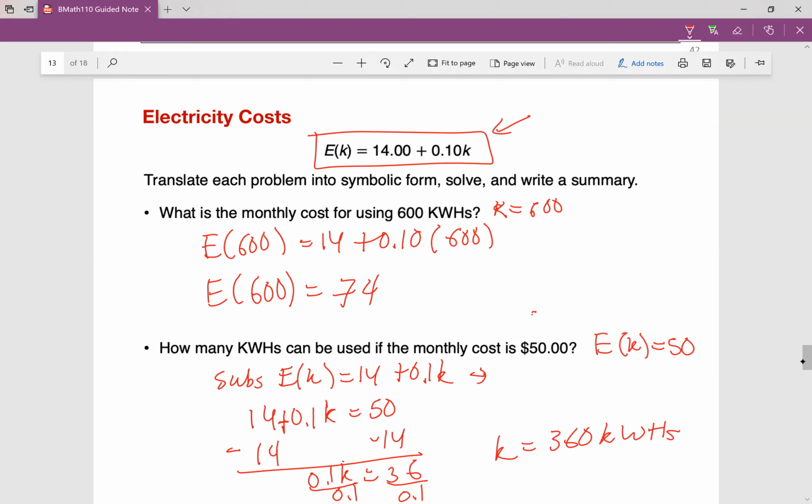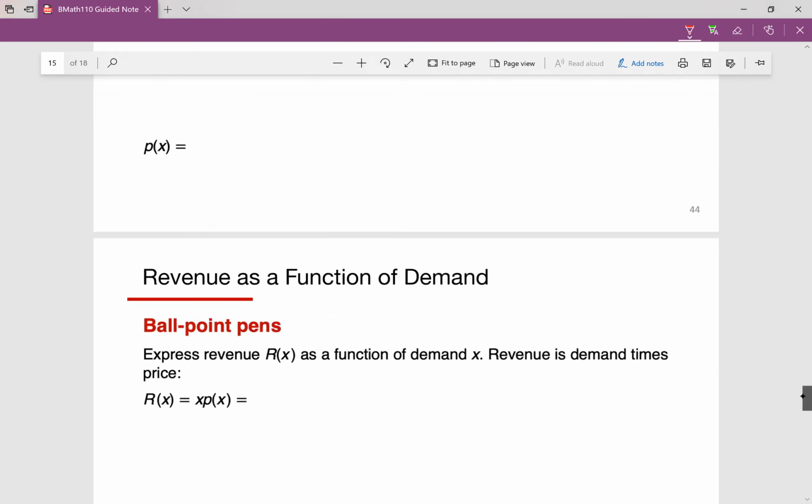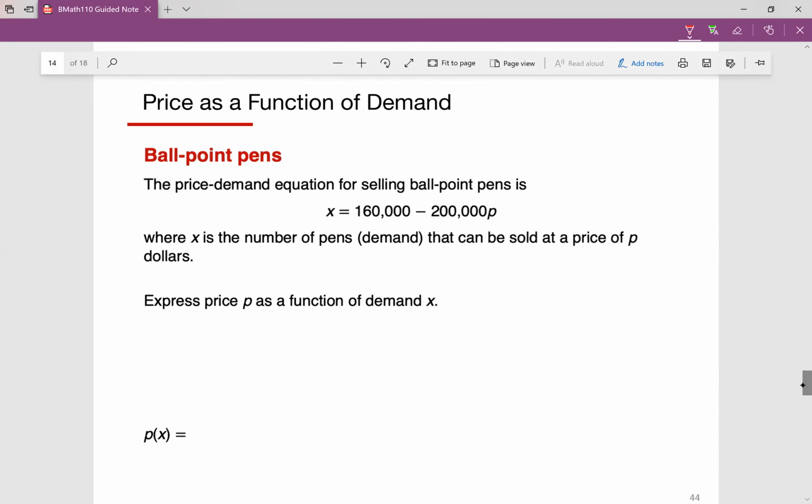Okay, I think this is almost the last one. Price as a function of demand.